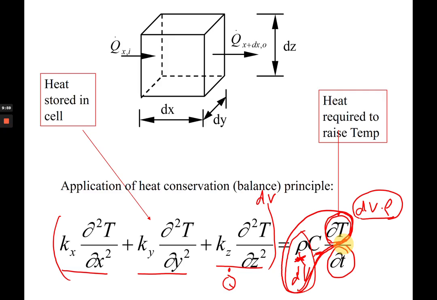If we write the whole equation of heat, we have volume on the right hand side, and also volume on the left hand side. So we cancel out the volume, and we get this big equation, which is the fundamental equation of heat transfer, everything expressed in terms of temperature inside the body.